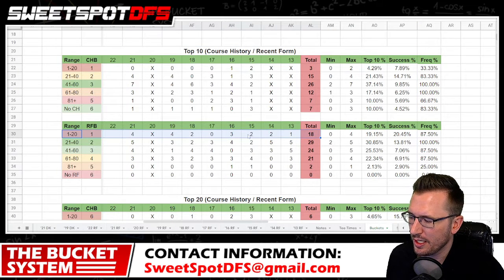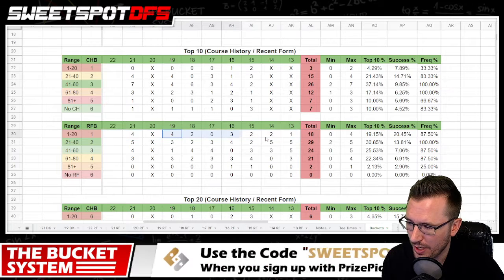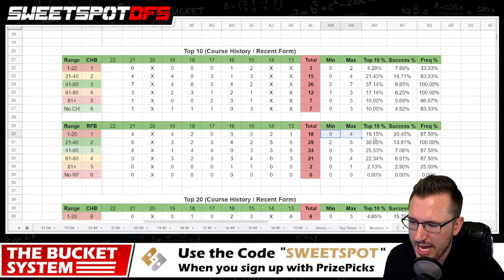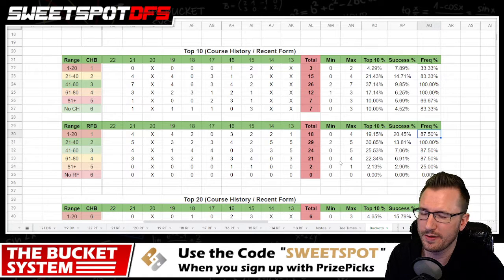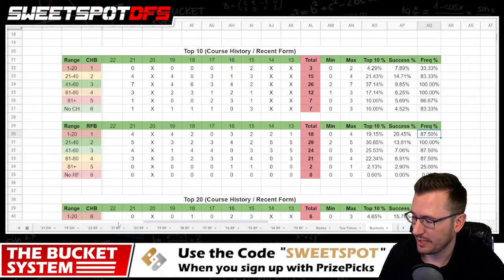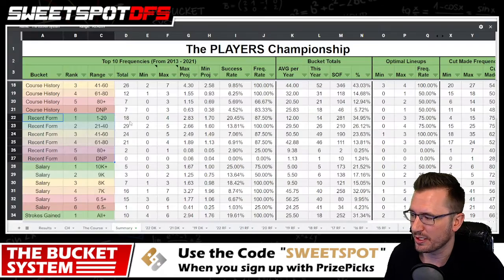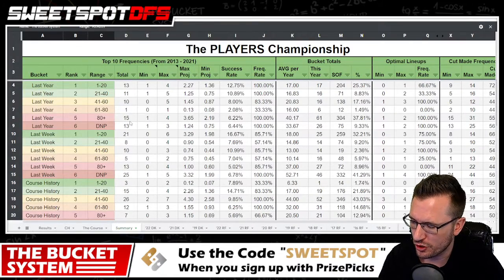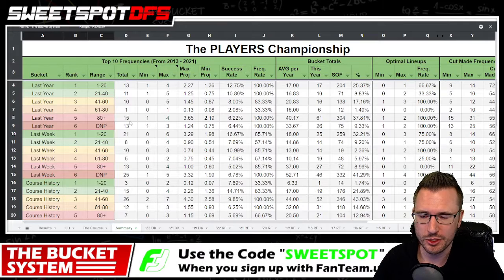So you can see I just tally everything up right here. Gives me a min max, it gives me a success percentage, a frequency percentage, all that good stuff to let me know for this event which stats matter. And that's exactly what the bucket system tells me, especially when it comes to the summary page.